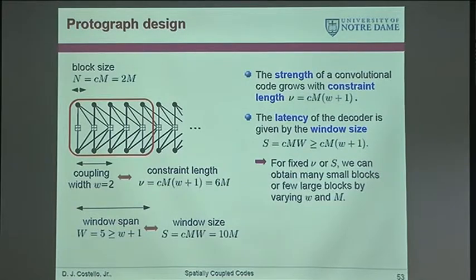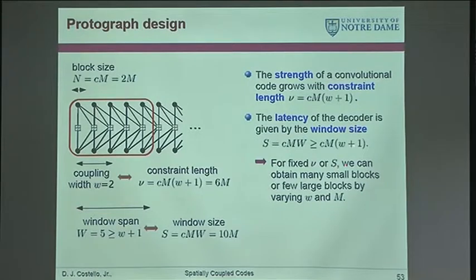We can design codes like this in different ways. We could use large blocks by choosing a big value of m, but small coupling widths by choosing a small value of w.